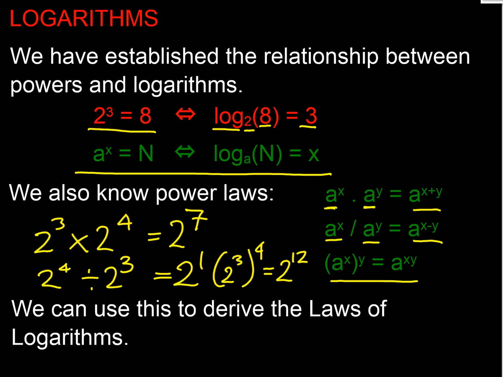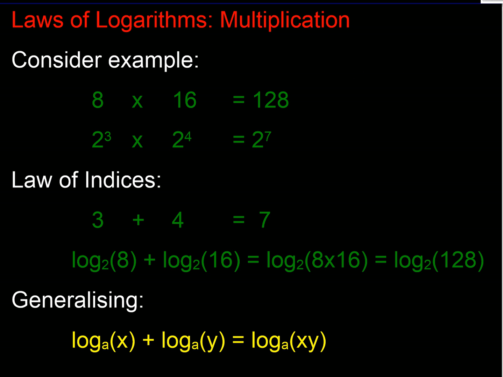So that's the final power law, that a to the x, in a bracket, all to the power y, is a to the x times y. We can use this lot to work out the laws of logs, which we're going to have to use.